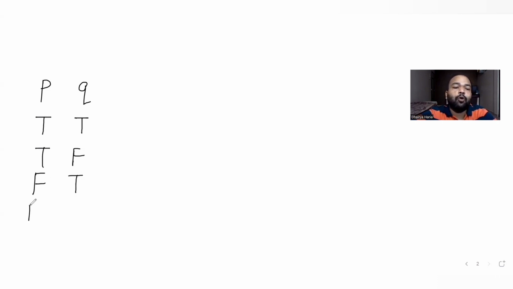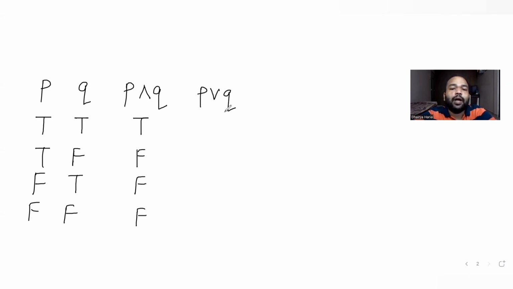Before this, let's talk about cap and cup. If I have statements P and Q, the possible outcomes are: both can be true, first true and second false, first false and second true, or both false. For P cap Q, T cap T is T, and all others are F. So only if both are true is the cap true.